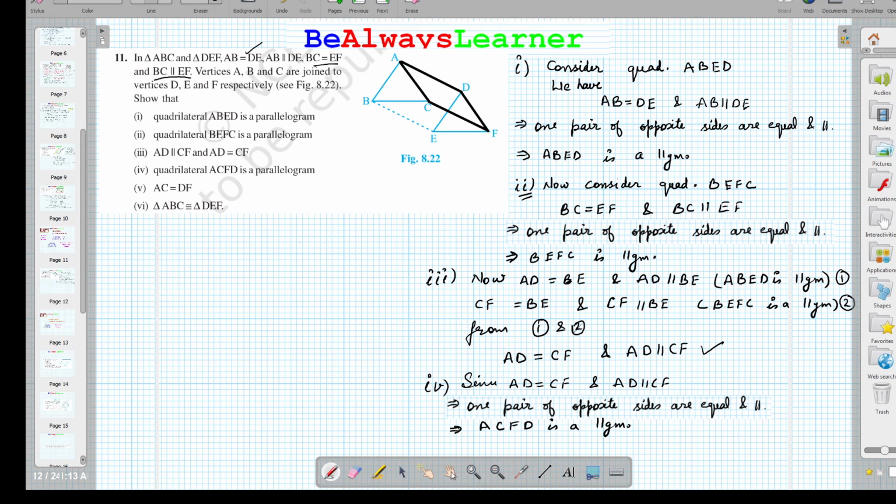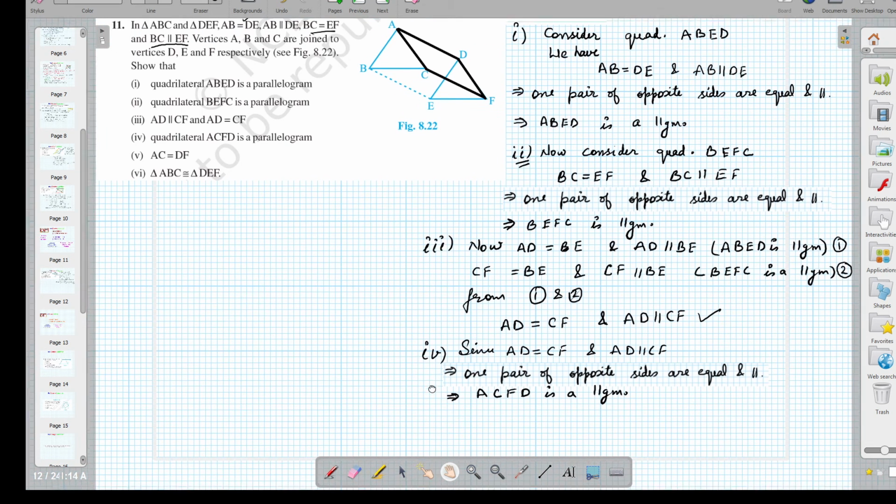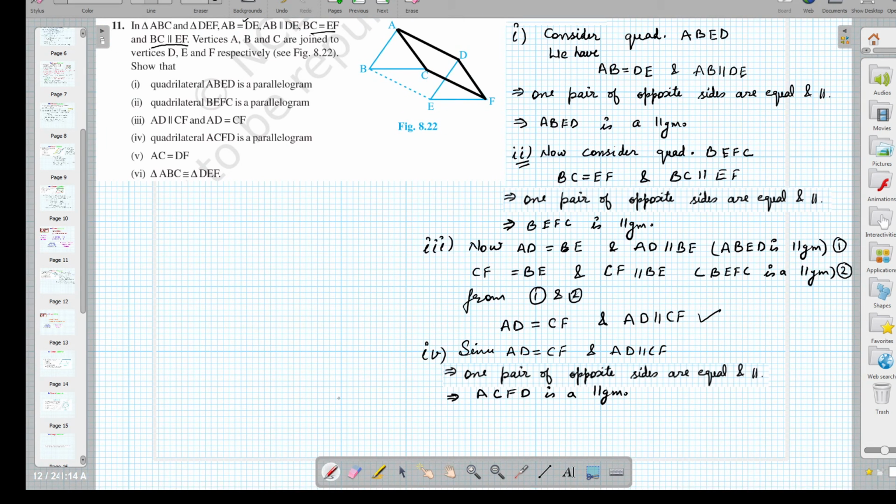Okay, we are proceeding towards the next step, that is the fifth one. We can prove here also that the triangle ABC, which I am showing with red, is congruent with the triangle DEF.